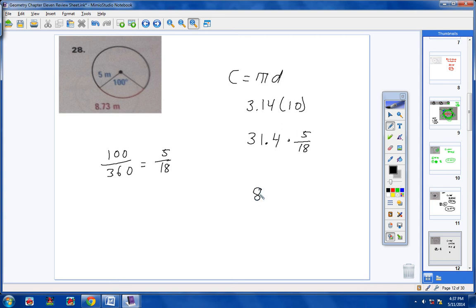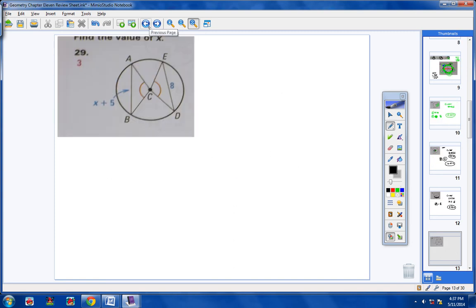The answer I'm getting is 8.72, and it would be meters because your radius was in meters, 5 meters. So there's the length of this arc right here, 8.72 meters.